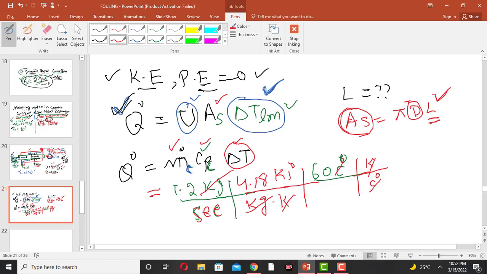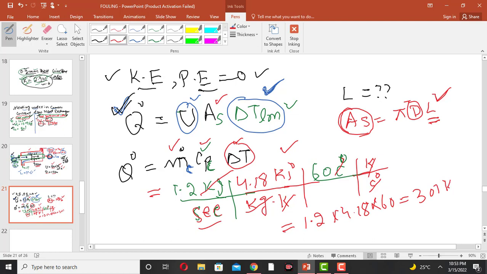If we simplify, it will be 1.2 multiplied by 4.18 multiplied by 60. The kilojoule per second gives us the kilowatt, so it will give us 301 kilowatt.